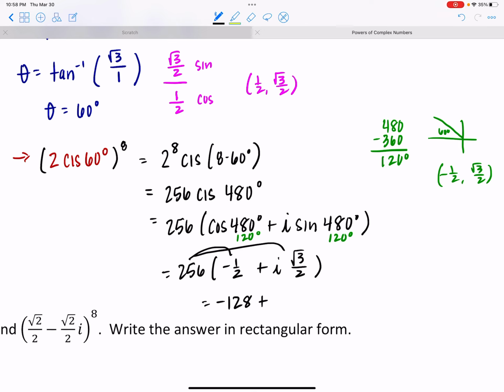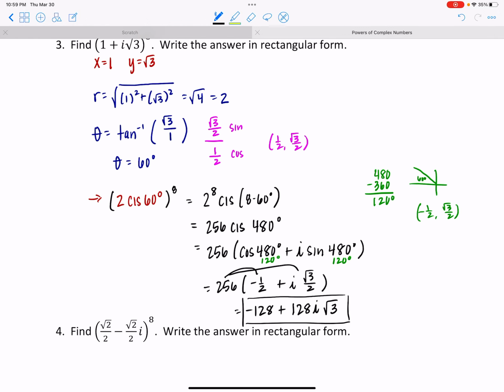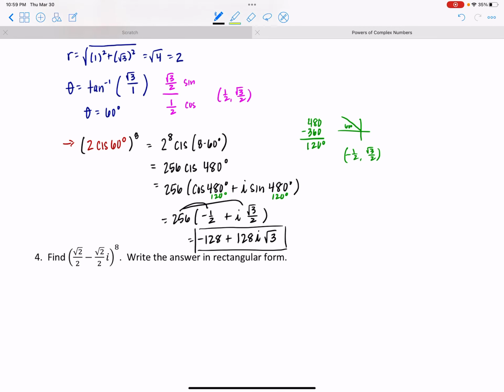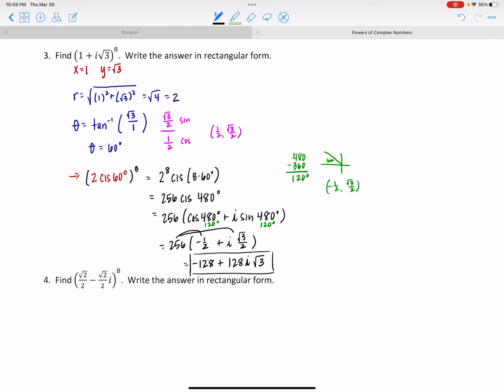So I'm going to have 128, and I have a factor of i in there, and I have a radical 3 in there. And that's going to be the rectangular form of that complex number, 1 plus i radical 3 raised to the 8th power. Much better. Maybe still a fair amount of work, but not overly difficult work.